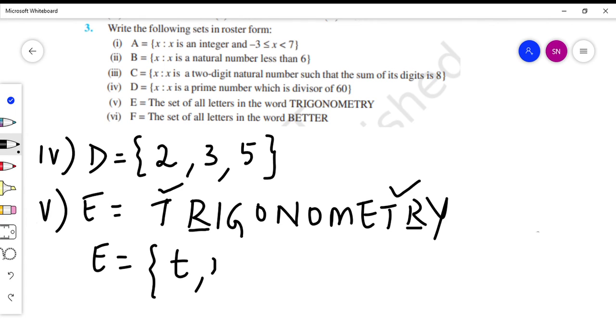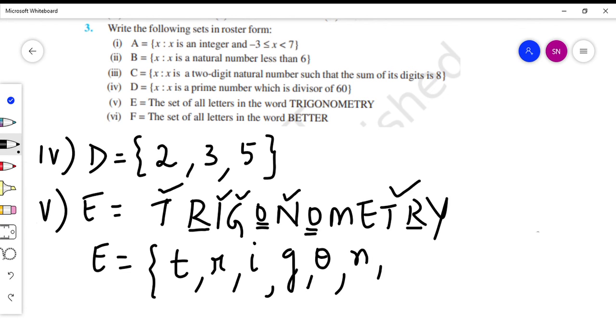So I'll write R once. I have one I. I have one G, but see here, O's are repeated twice. So I'll write one O, one N, one M, one E, one Y. Hope this is followed by everyone.